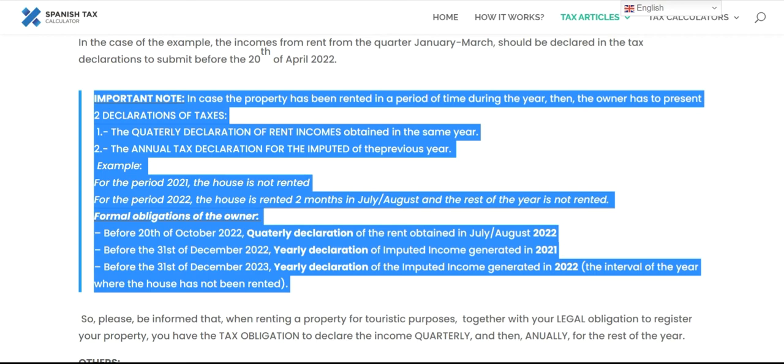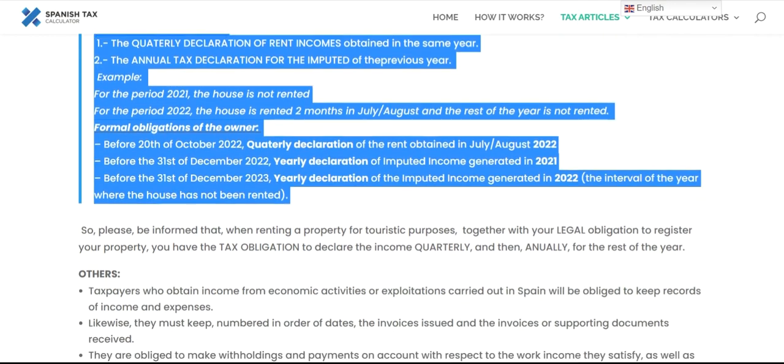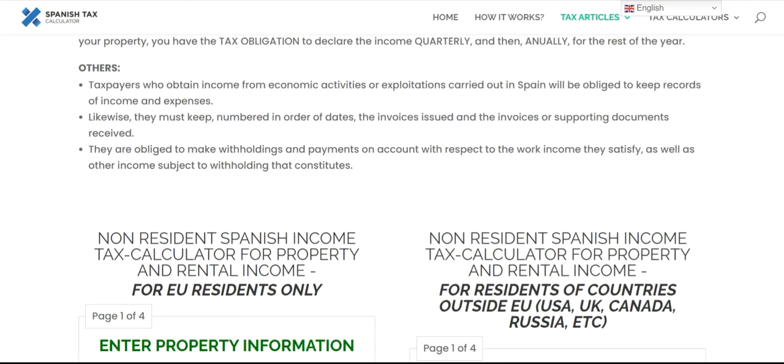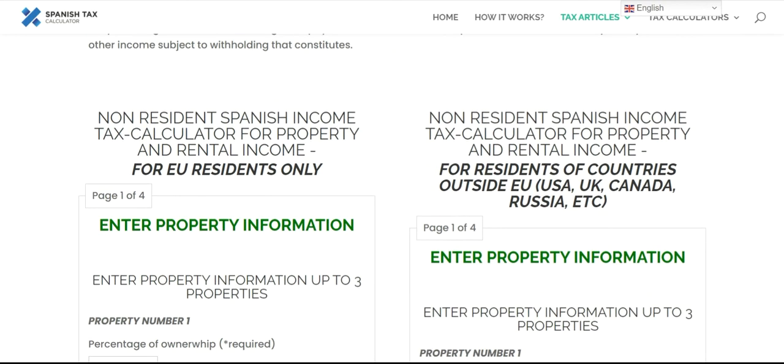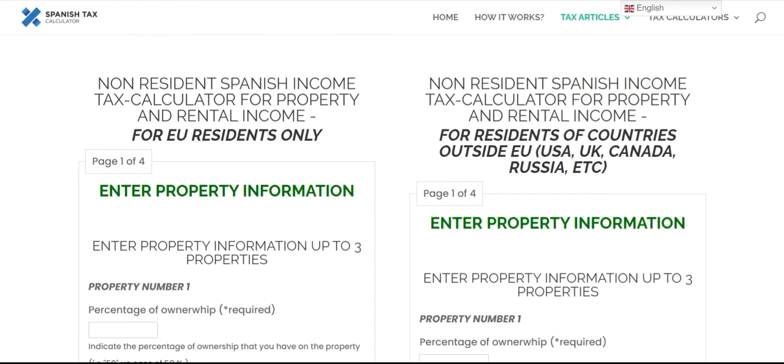So right now we go to the example, which shows the consequences and the difference between a non-resident in Spain who is a citizen or resident in one of the EU countries, and the way to calculate the income tax for rent in case you are resident in one of the countries outside the EU, for example, USA, UK, Canada, Russia, etc.